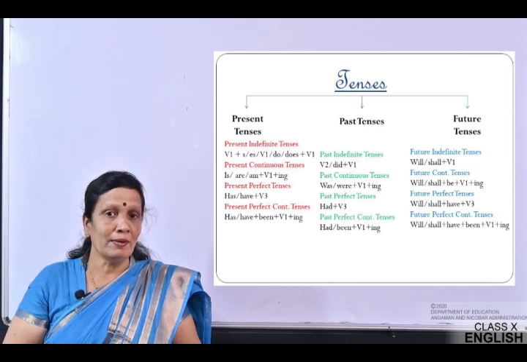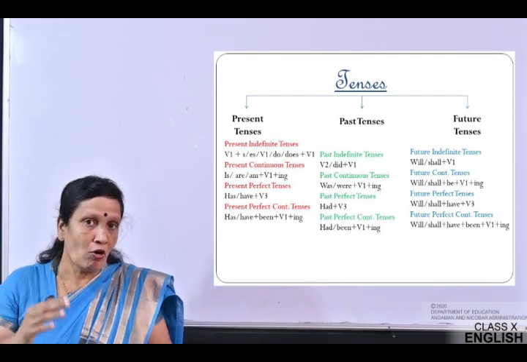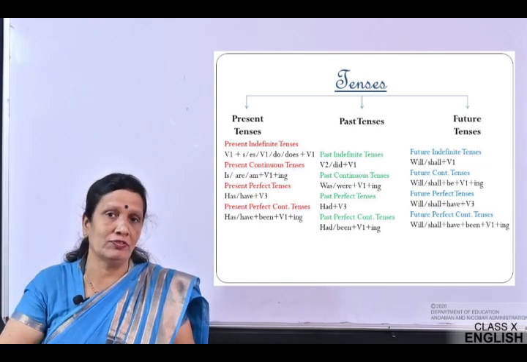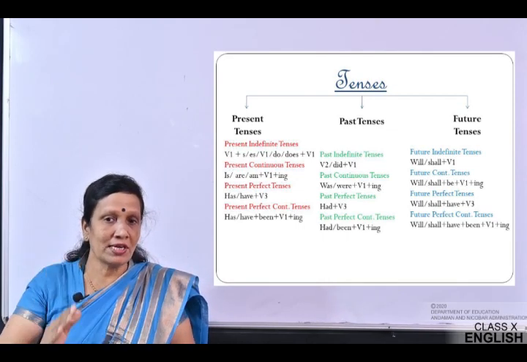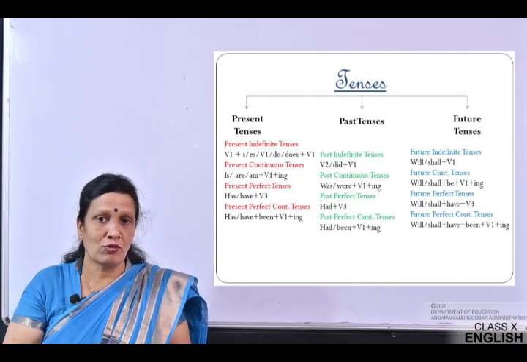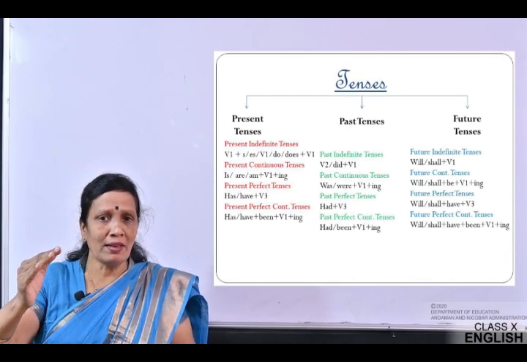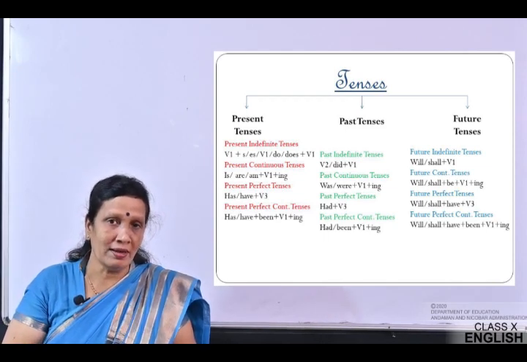Now let's look at the past tense. The past indefinite tense, or the simple past tense. There you have to use the second form of the verb. In the past tense we use the second form, and did plus the first form of the verb. For example, wrote. I wrote a letter to my friend.